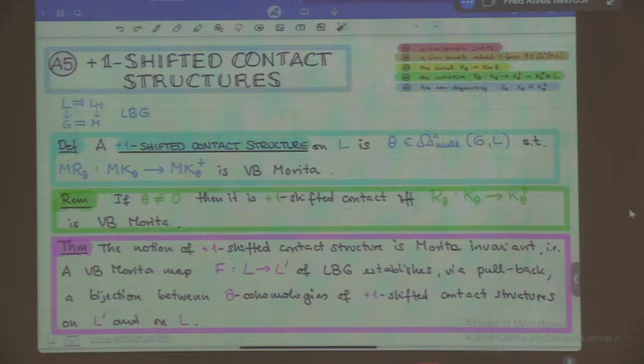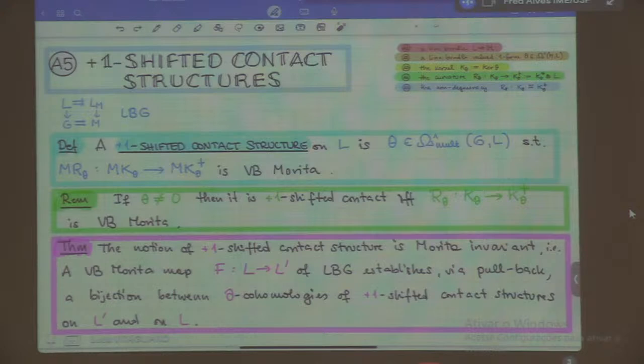Inspired by that, I define a class one shifted contact structure on an LB groupoid as a multiplicative one-form with the property that the Morita curvature, well, I don't ask the Morita curvature to be only degenerate, I only ask it to be non-degenerate up to homotopy, up to Morita equivalence. So in other words, I ask it to be a dB Morita map.